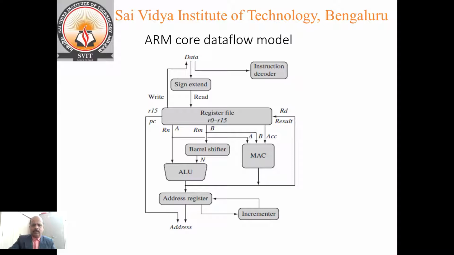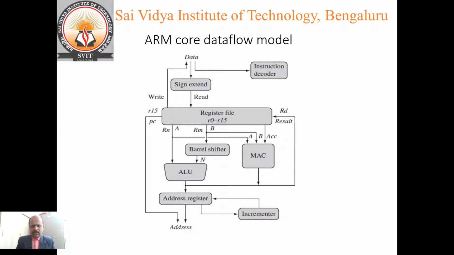So in the case of the ARM processor, the data flow model is shown in the figure. It fetches data as well as instructions from the memory. If data is there, it is directly sent to the register file.